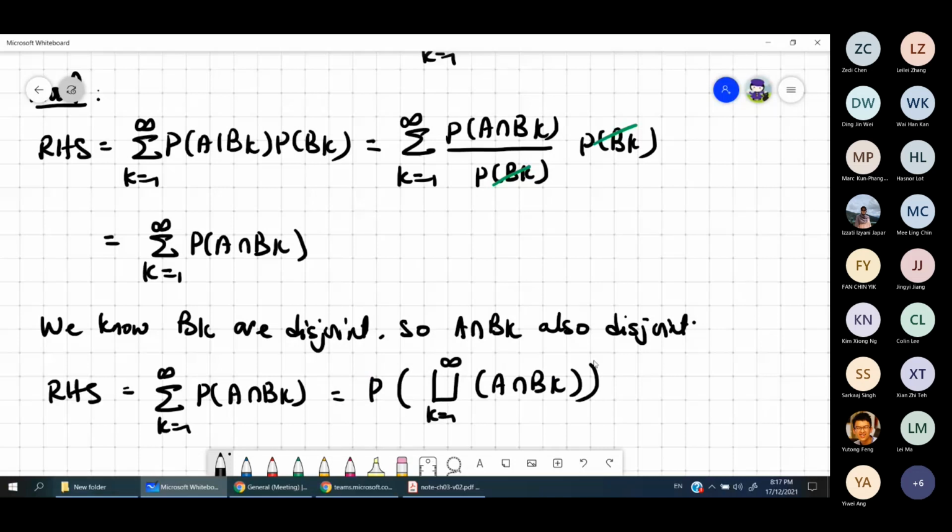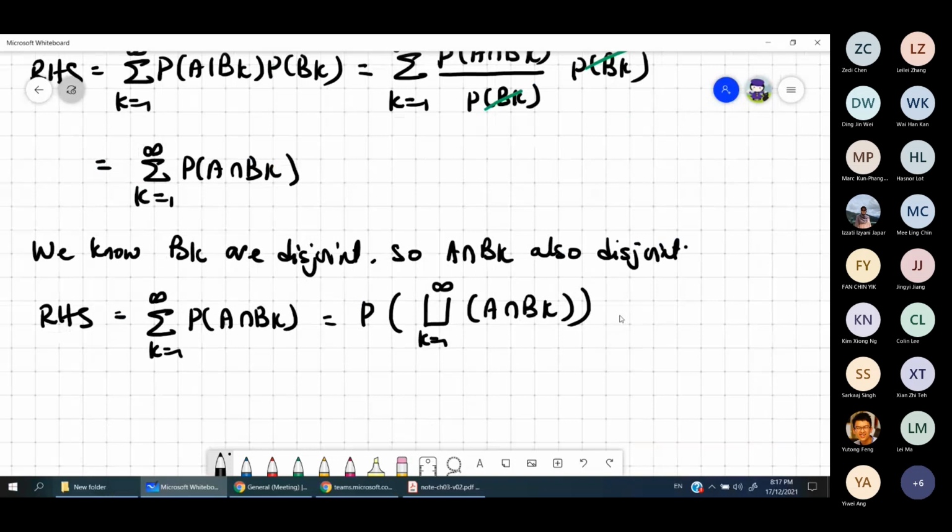So this is actually the same as the previous proof. Then we can put this as the summation of P of A intersect with the union of all the B_k.